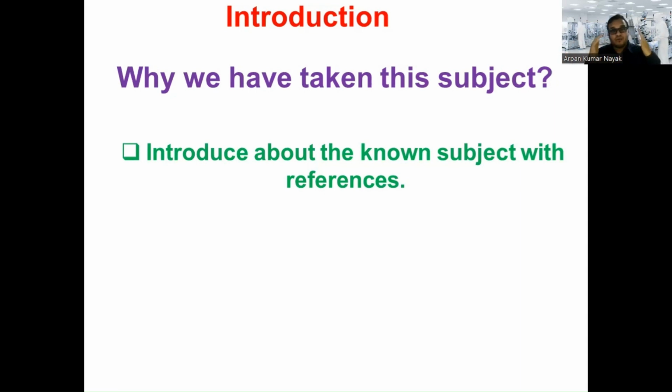And one more thing I want to make clear here: when you put the references, be sure they are from reputed journals. Reputed means high impact journals or reputed sources, like high reputed books or high impact journals.